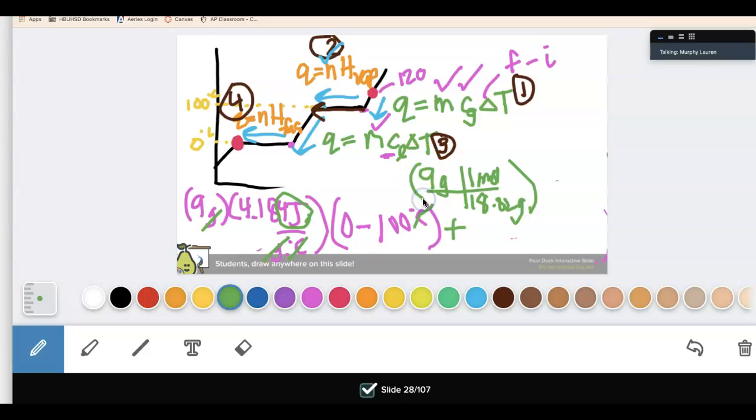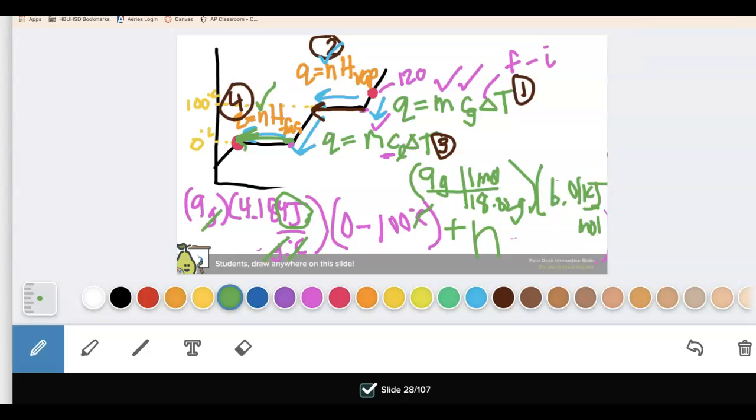That's N. This whole thing gives you N. All right, enthalpy of fusion is 6.01 kilojoules per mole. But we are not fusing. We are not melting. We're going from liquid over here to solid over here. We are freezing or solidifying, which is the opposite of melting.